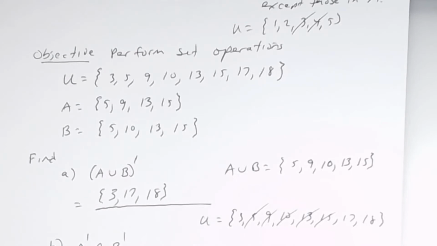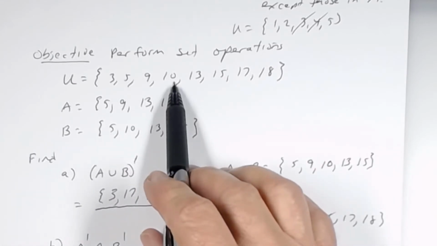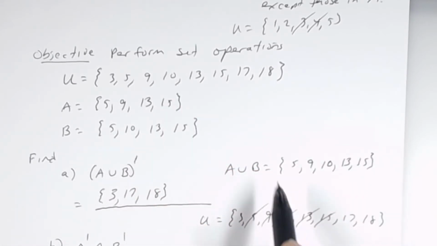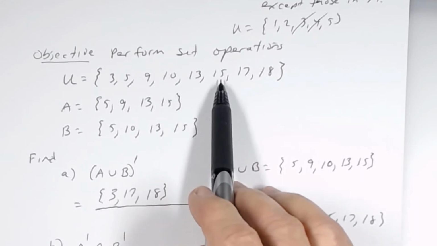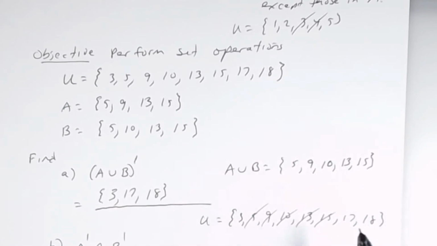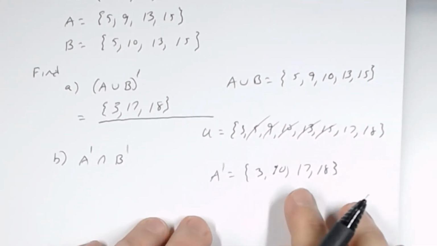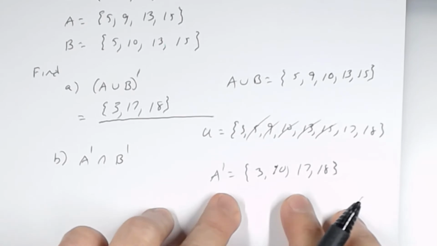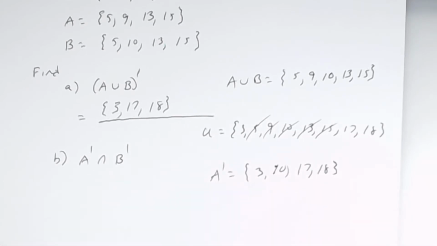No, you're going to take away 5, so you can't use 5. You can't use 9. Can I use 10? Yes. What's the next one I can use? I can't use 15. 17 and 18. So do y'all agree that this right here is A complement? Yeah. All right, good job with that.